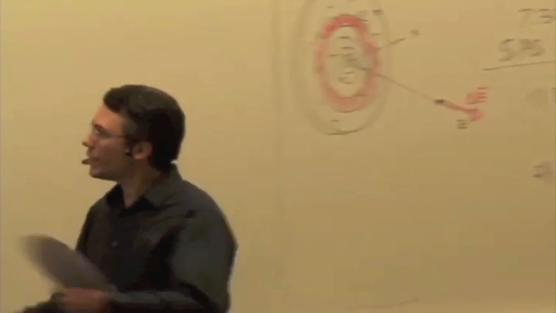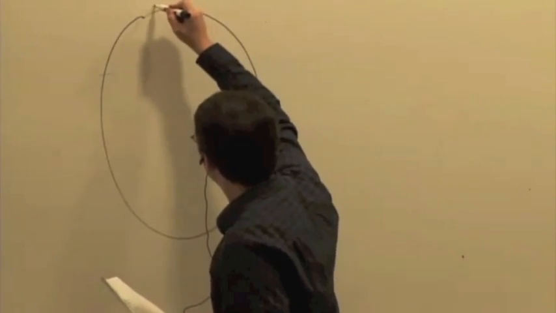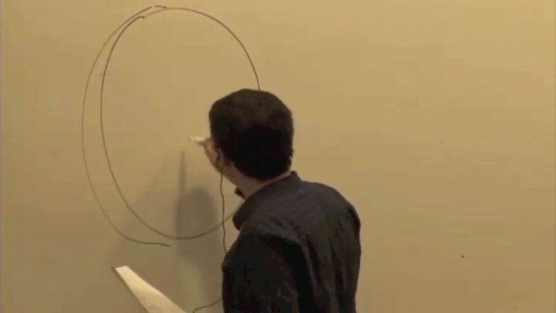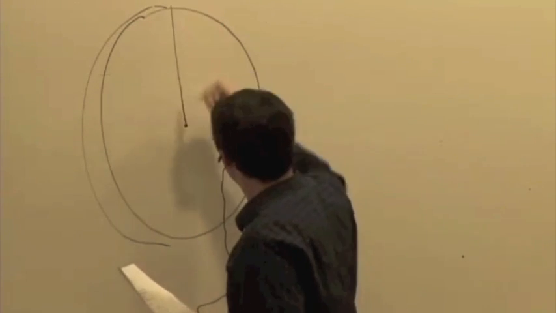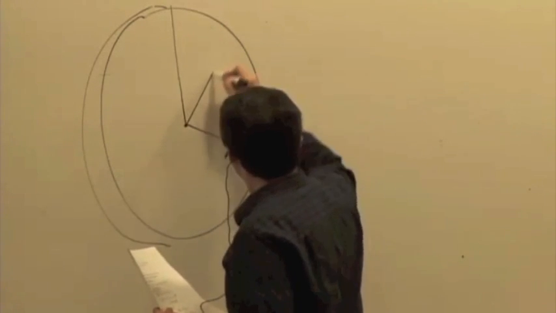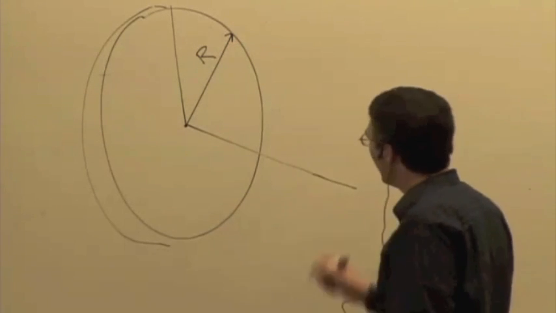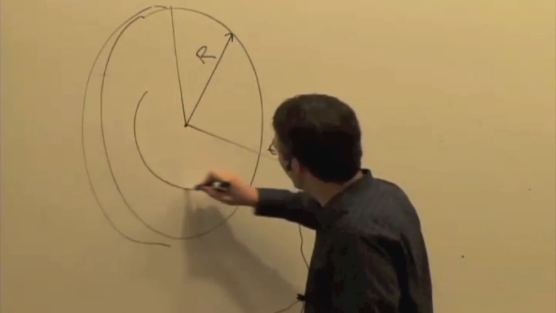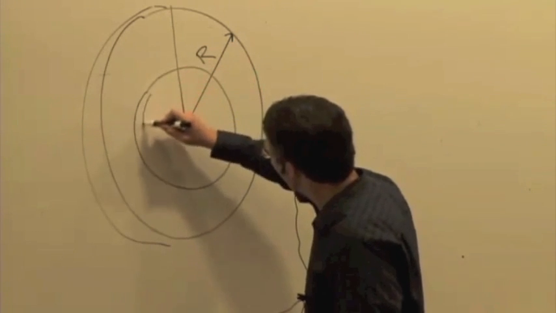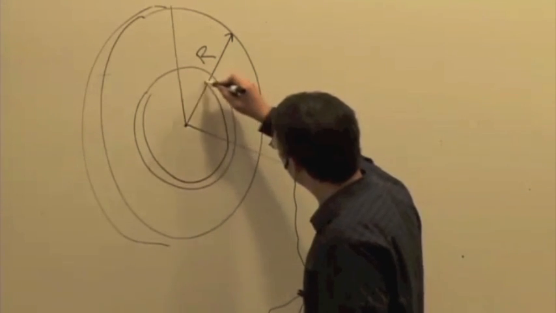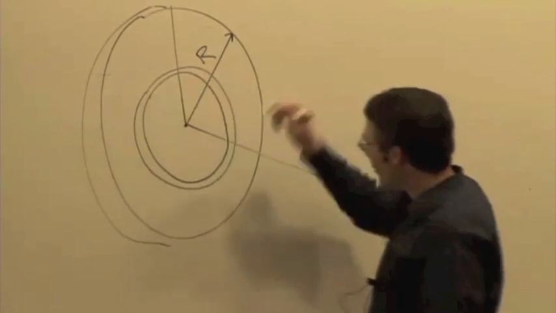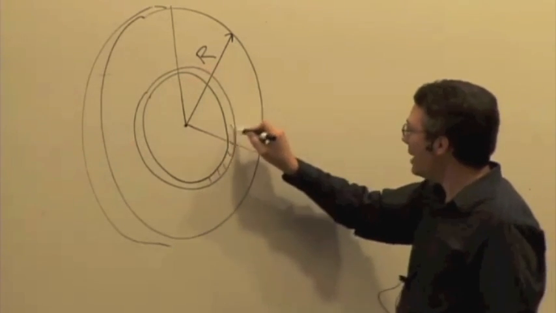So let's look at this disk. We have a disk that has a radius capital R, and there is one little slice of this disk. And this little slice could be any distance away, right?